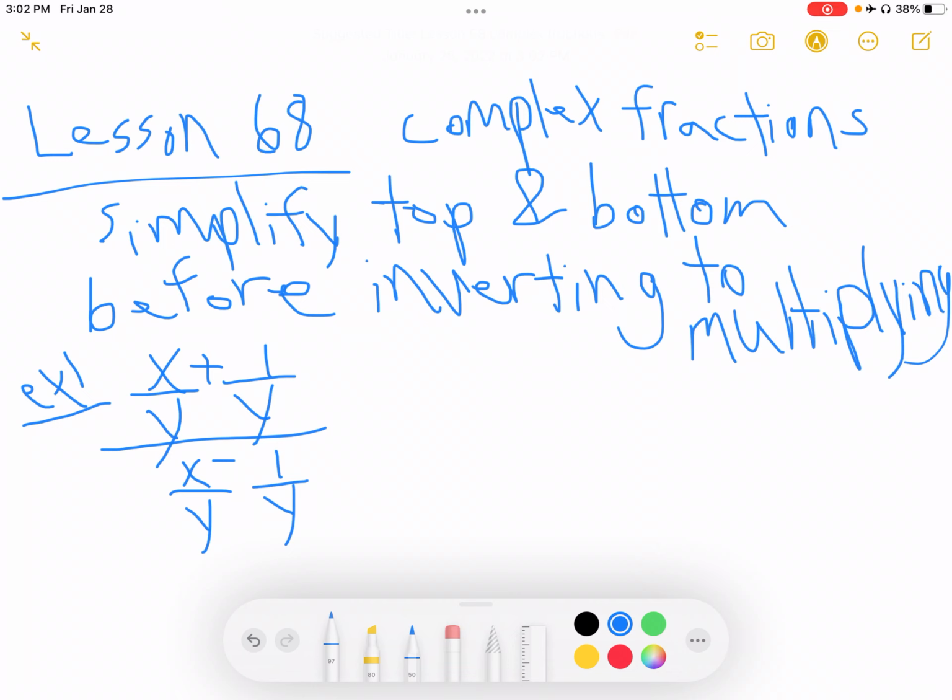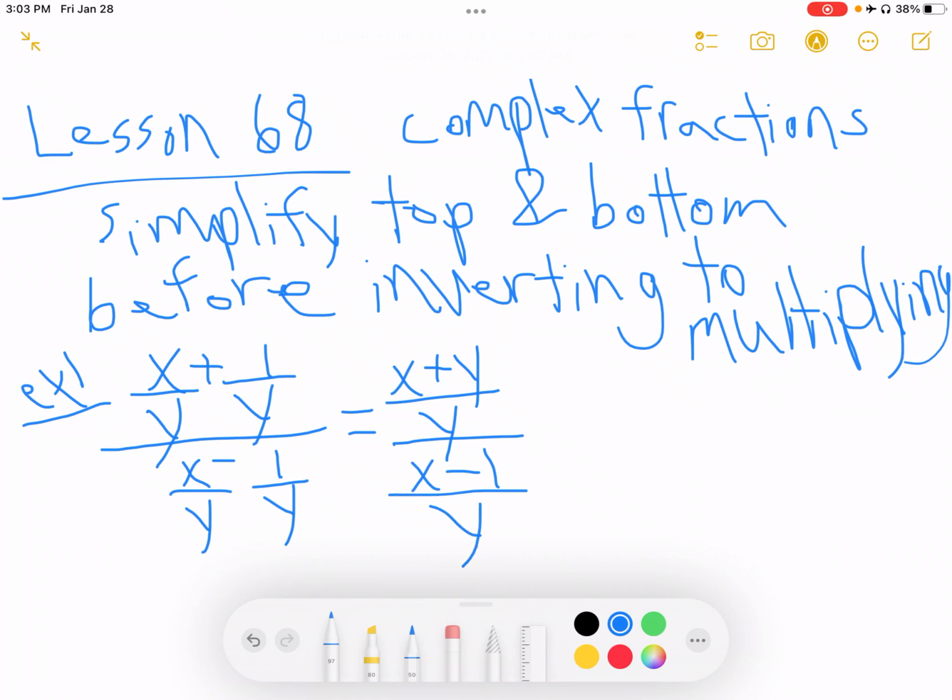Okay, so first thing we might notice is that our denominators for the top part of the fraction and the bottom part of the fraction are identical, right? So there's no reason why I can't write them all as over each other, so then I could write this in equivalent form. I would just write x plus y over y, and then I'd write it as x minus 1 over y.